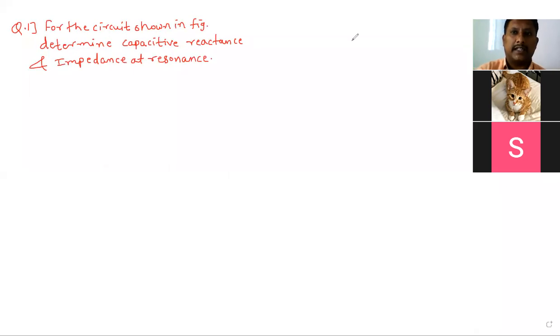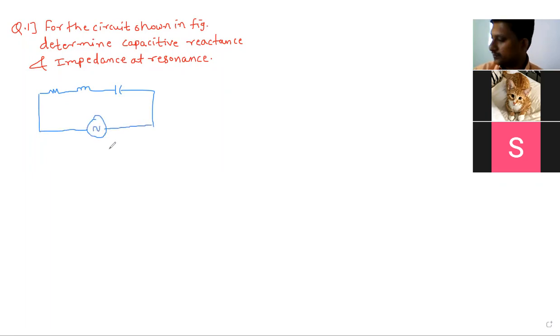So the given circuit, I will draw it. This is the applied voltage Vs. The resistor value is 50 ohm. This is j25 ohm.